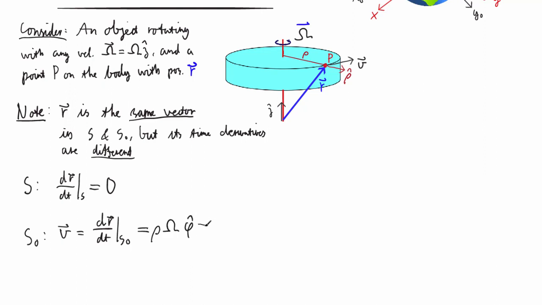Now this distance rho here, if we call this angle here theta, that's r sine theta, and that multiplies omega and phi hat. And phi hat here, we can write that as the cross product of z hat with rho hat. Hopefully you could see that.